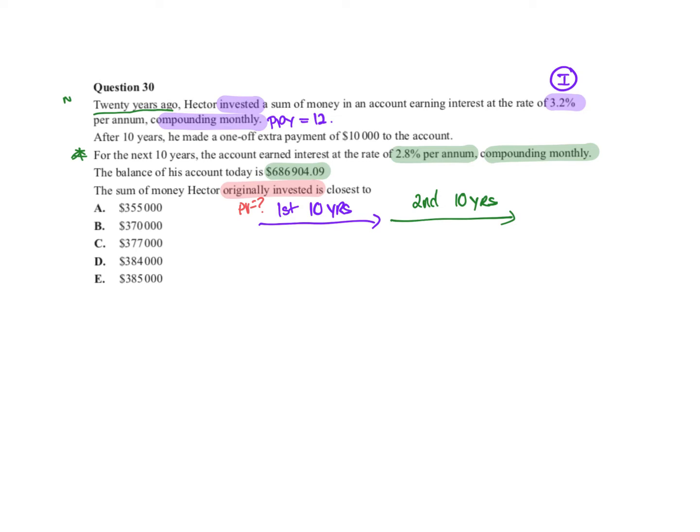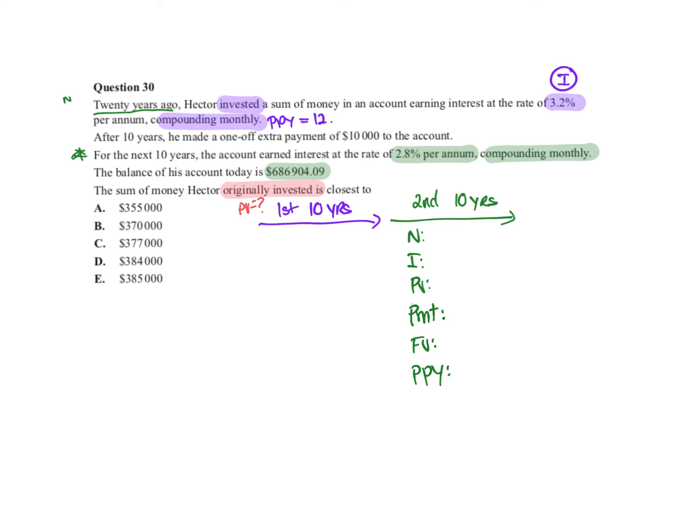If I write down all the Finance Solver inputs of what went on here, that's payment. He didn't make any payments, did he? He only made one extra payment. He just invested it, and that's it.